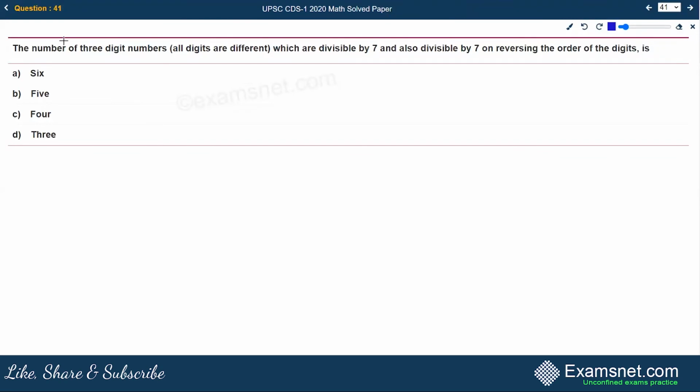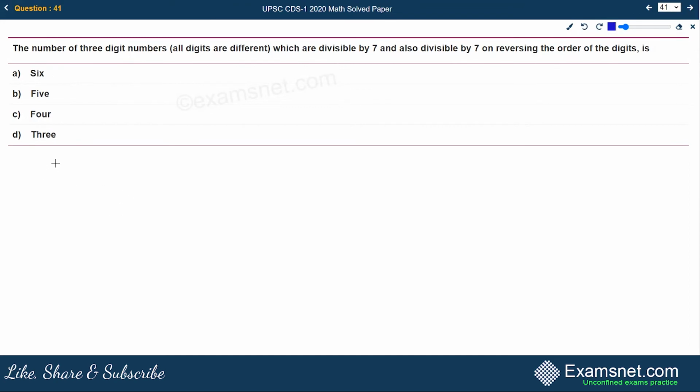In question number 41, we are given 3-digit numbers where all digits are different, which are divisible by 7 and also divisible by 7 on reversing the order of the digits. So how many possible numbers are there? Are there 6, 4, 5, or 3? So let's start with the calculation.